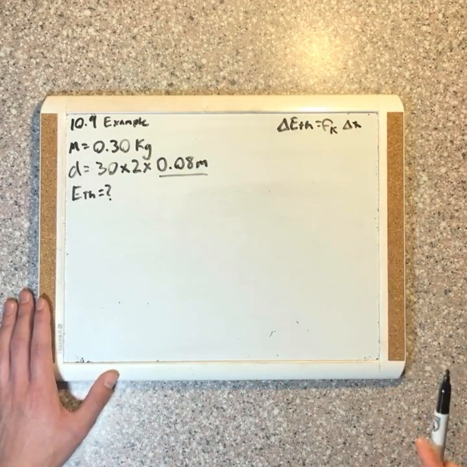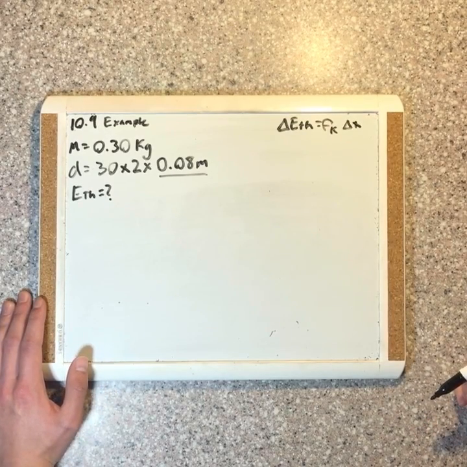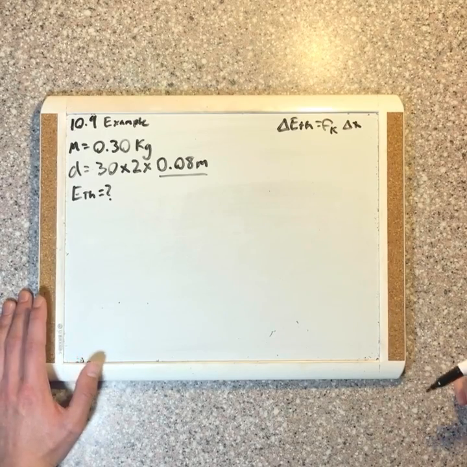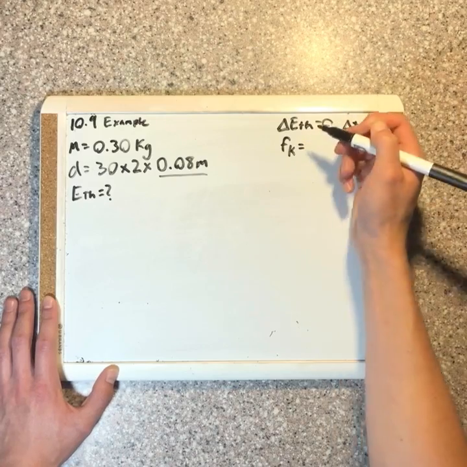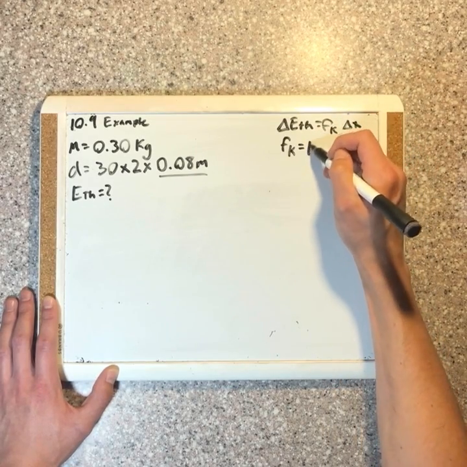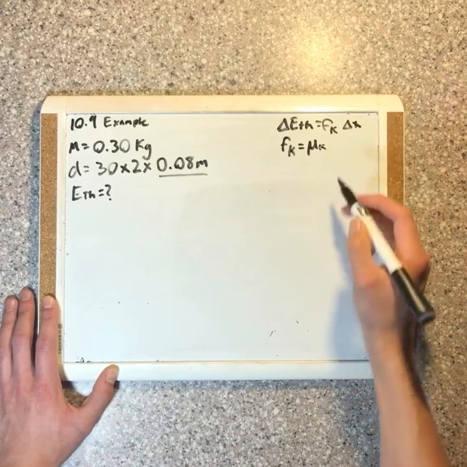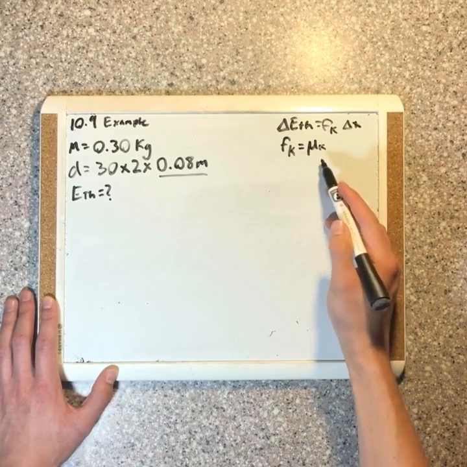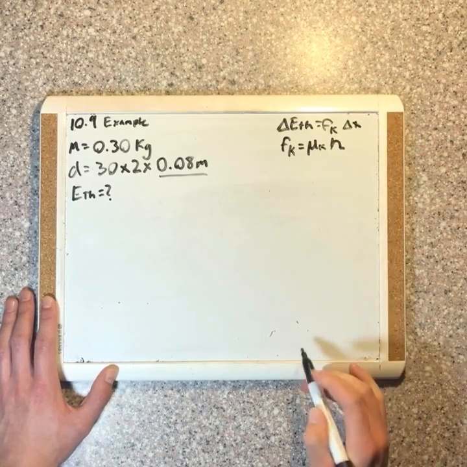So how can we find that? Well, going back a little earlier in previous chapters, we know that the force of kinetic friction is equal to the coefficient of kinetic friction, and that's mu sub k, times the normal force.